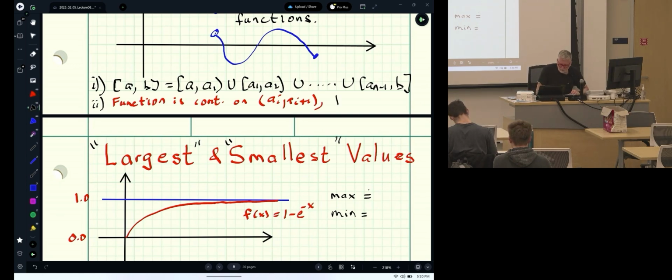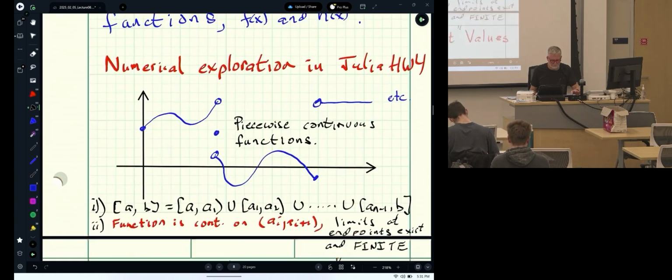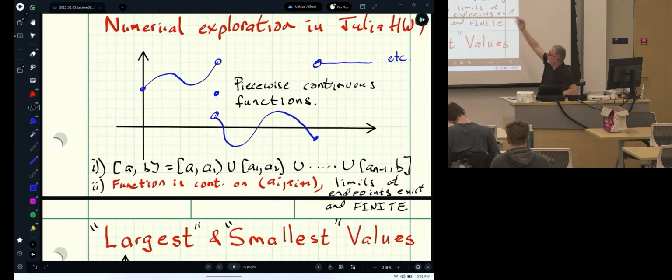And then limits at endpoints exist and are finite. Okay, so that allows us to extend the Riemann integral to a huge class of functions. Anything that's piecewise continuous, you know how to integrate it.